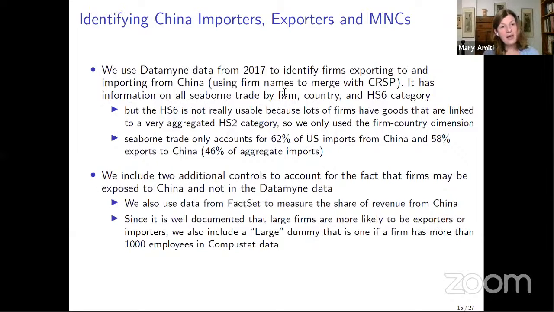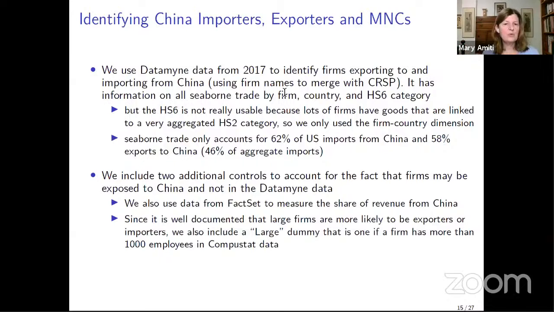That share of revenue includes both export revenue as well as affiliate sales. We can't separate the two, so we include that variable as a share variable. Again, we're still concerned that we might have missed some importers.